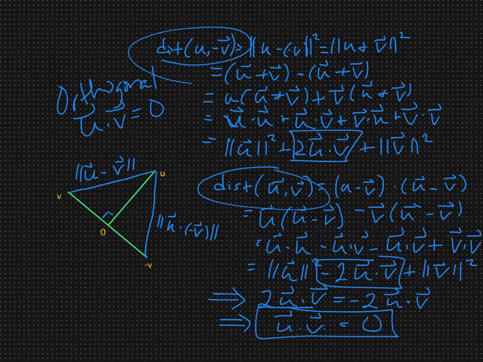One other relationship that we can get from this is, I'll just look right here. Do you see how we have the norm of U plus V squared, and then we got it equal to this?